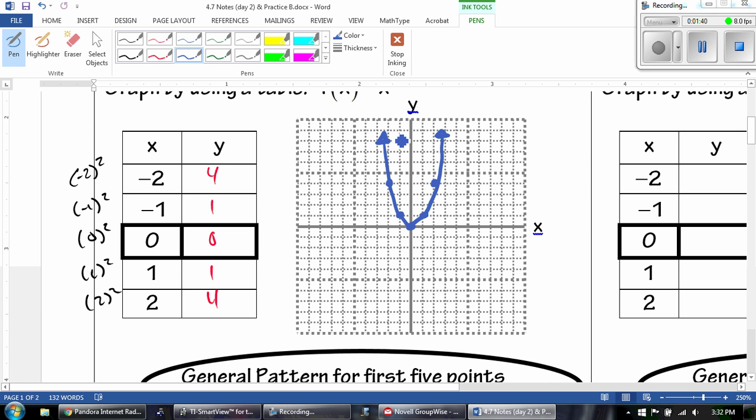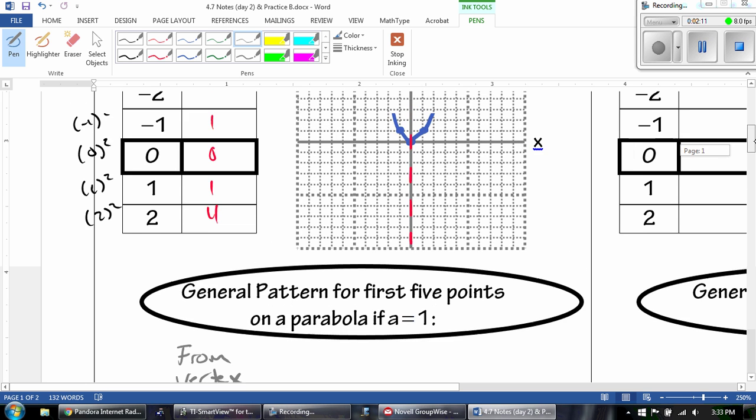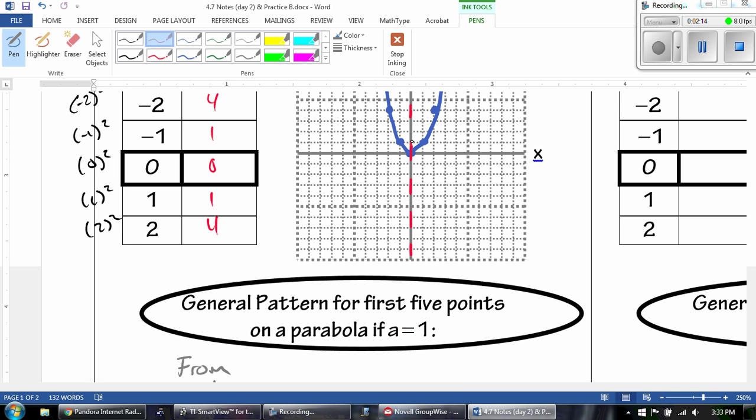Okay. We talked about the axis of symmetry, which is the vertical line that cuts through the vertex. But then we also talked about the pattern. So the general pattern for the first 5 points on a parabola, if a equals 1, from the vertex, if this is where we start, if it's positive, I went up 1 over 1, and then I went up 4 over 2.